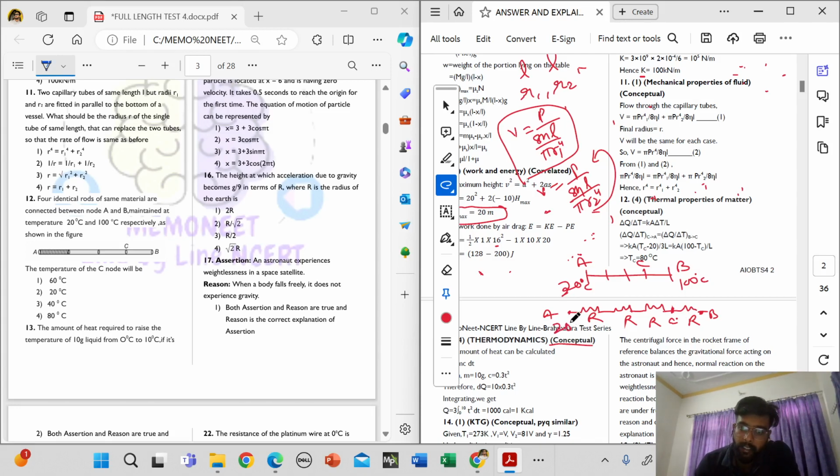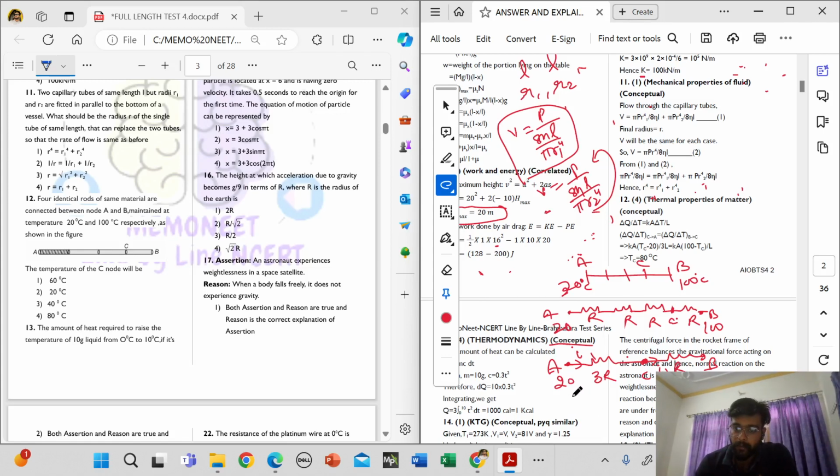Here we are given 20 and here 100. Now simplify it, and we get that these are all in series: 3R, this point C, this is R, and B and A. So 20 and 100. Now we can use the node law in which the current I1 is equal to the current I2.